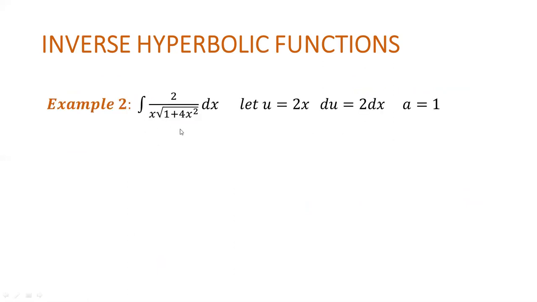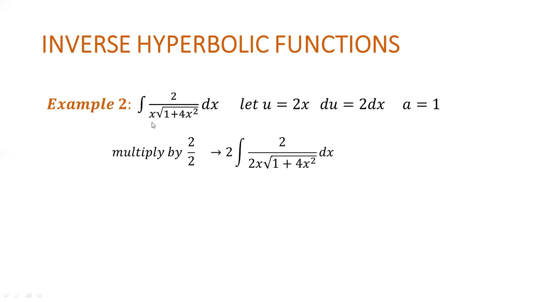Now for number 2, this is comparable to the inverse hyperbolic secant. So you have 1 plus 4x squared, meaning your u is 2x, the derivative is 2 dx. Your a is 1. So in that case, we need to multiply our original integral by 2.